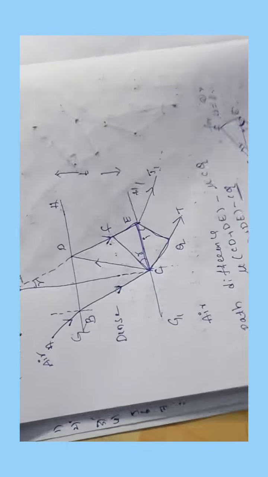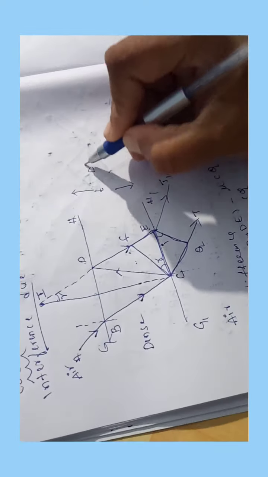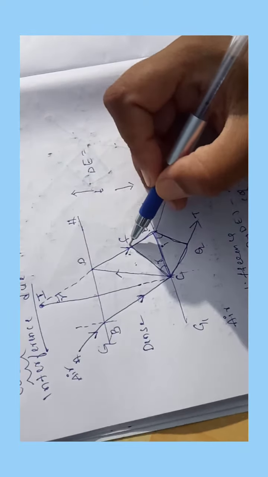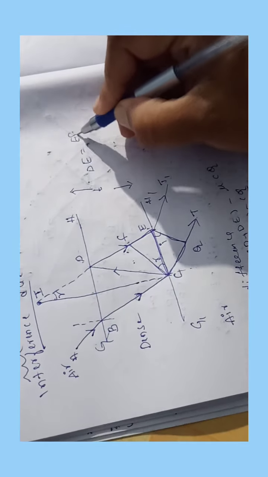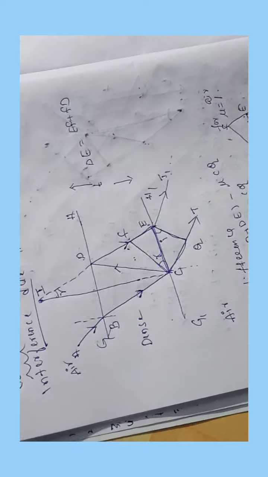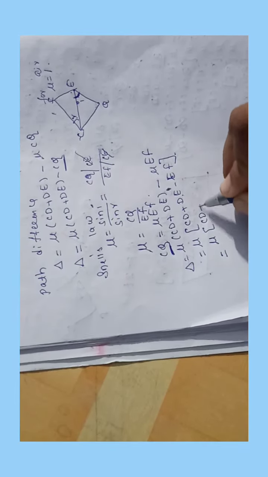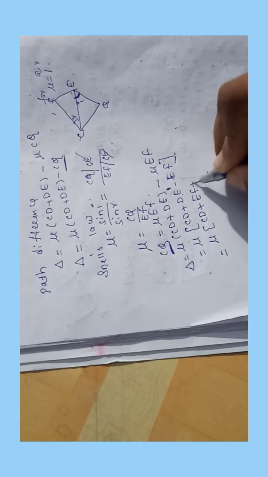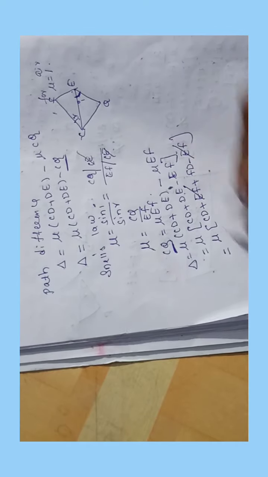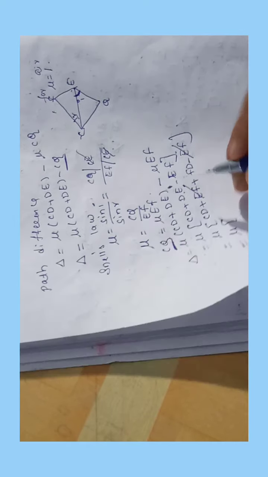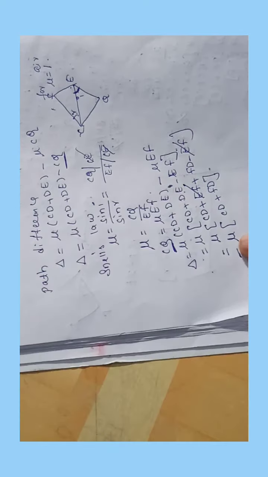From the figure you see DE can be written as EF plus FD. Here I am writing mu (CD plus EF plus FD minus EF). Plus EF and minus EF cancel off. So mu (CD plus FD) we got.